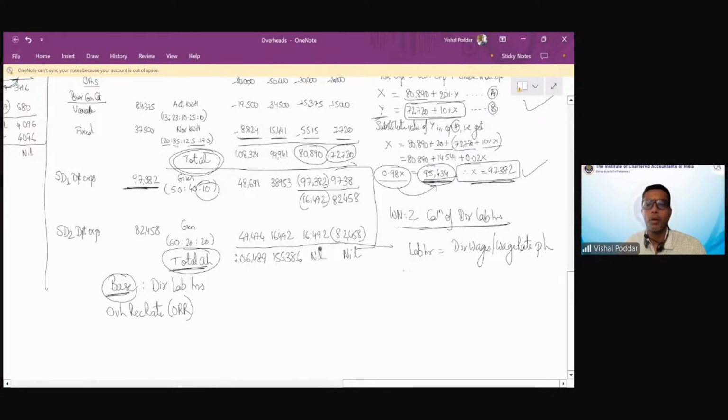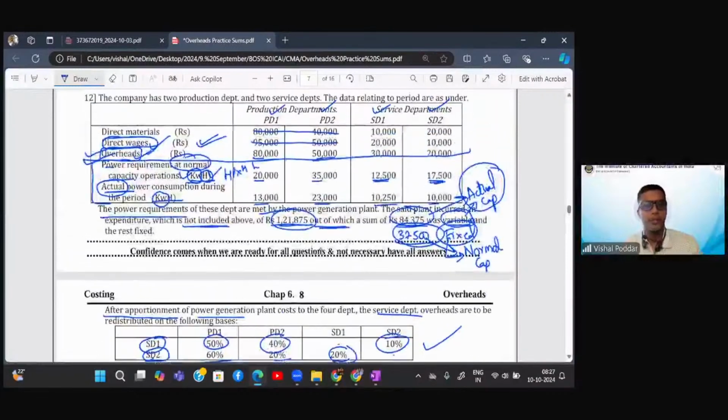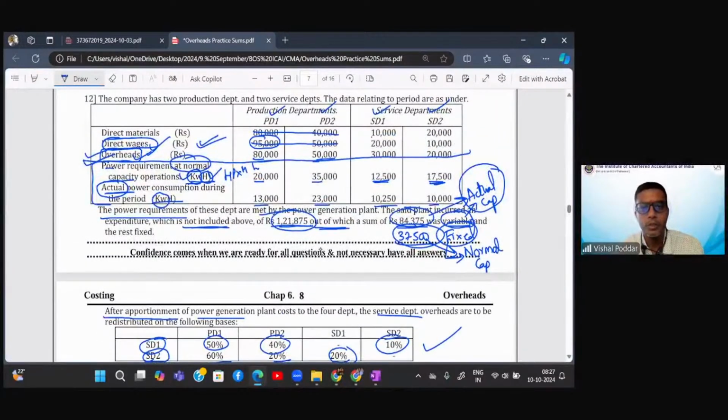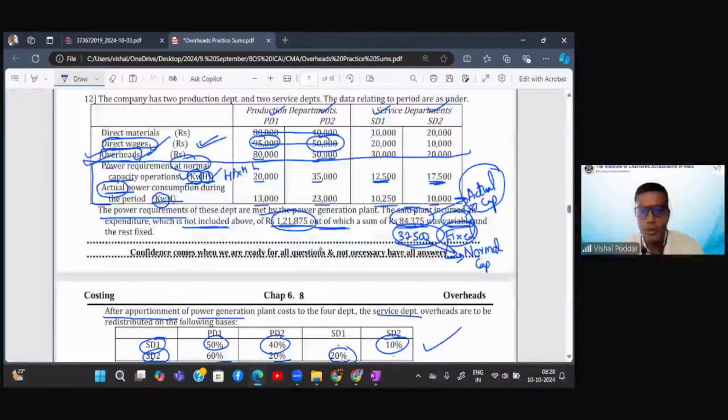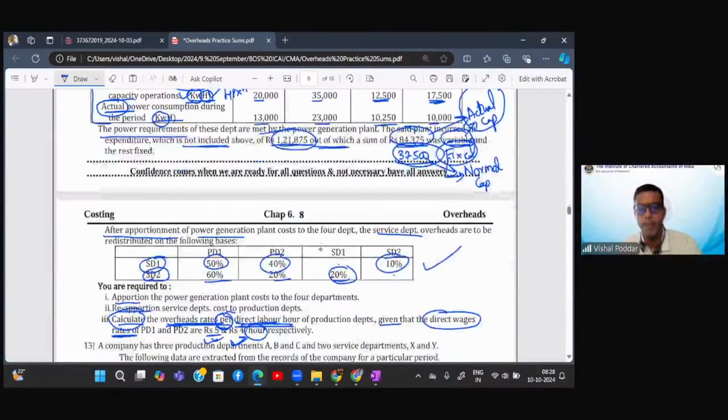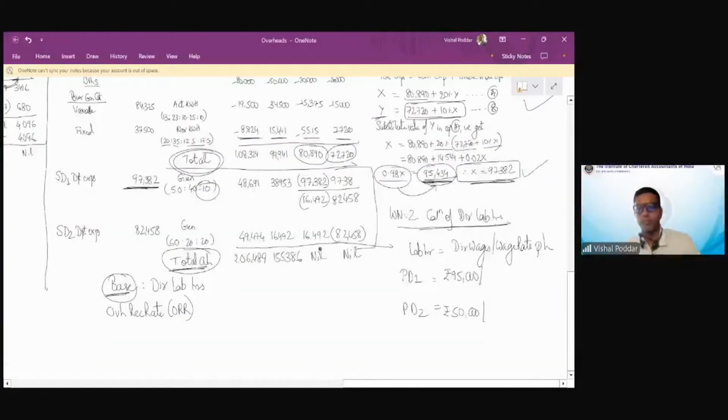So this I do for PD1. This I do for PD2. So PD1 wages is 95,000. PD2 wages is 50,000. So 95,000 and 50,000. These are the wages figures. Now, what is the wage rate figure? Wage rate is 5 per hour, 4 per hour.